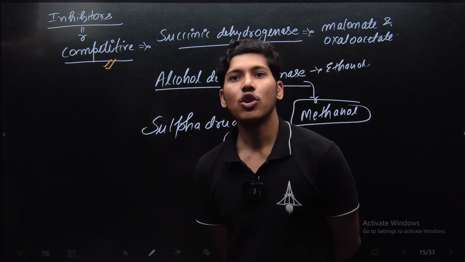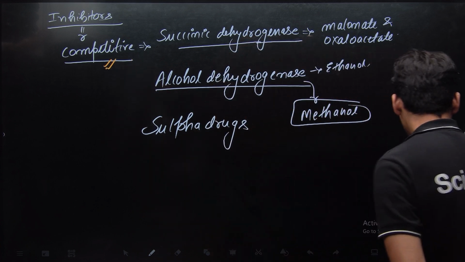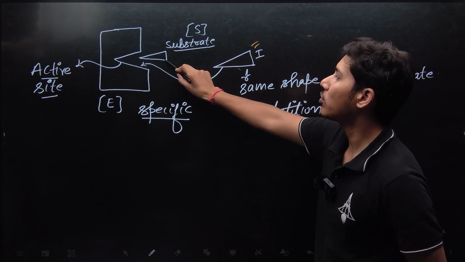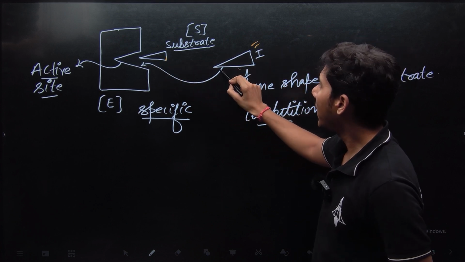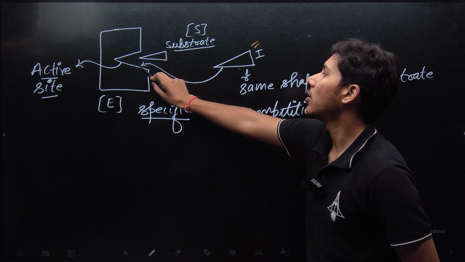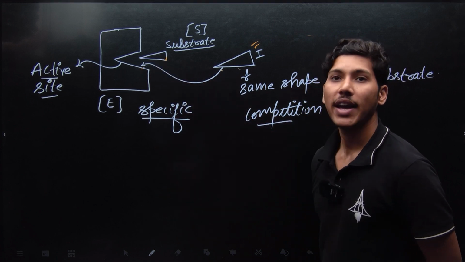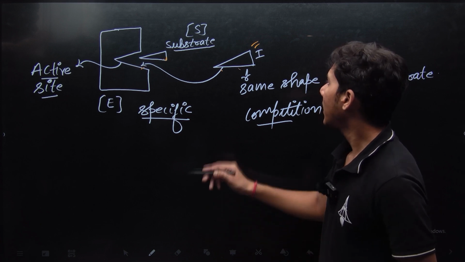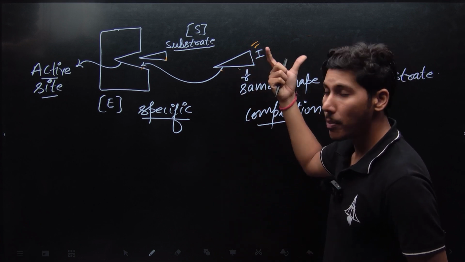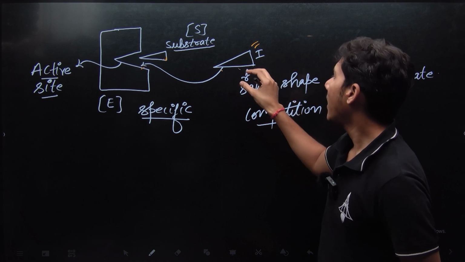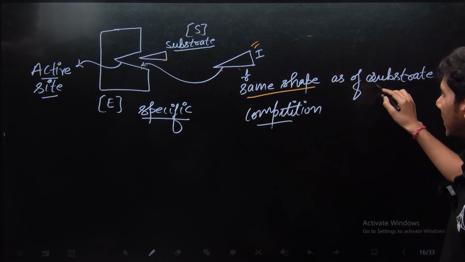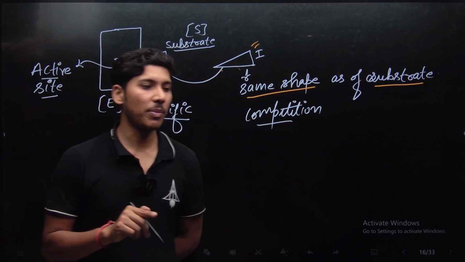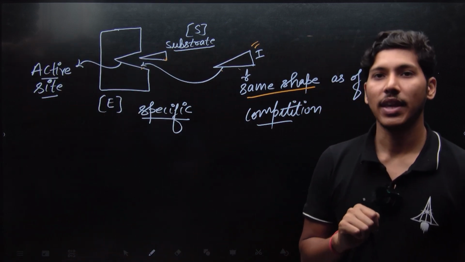A competitive inhibitor looks similar to the substrate, and it competes with the normal substrate to bind to the active site of the enzyme. It has the same shape as the substrate.